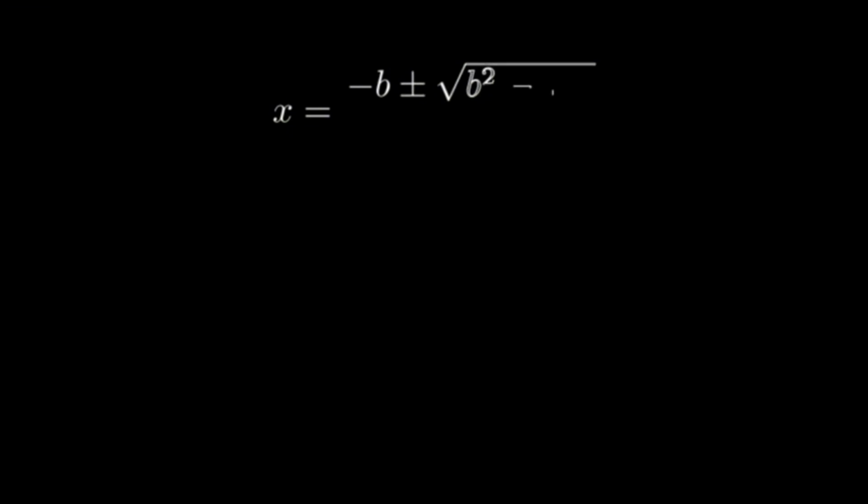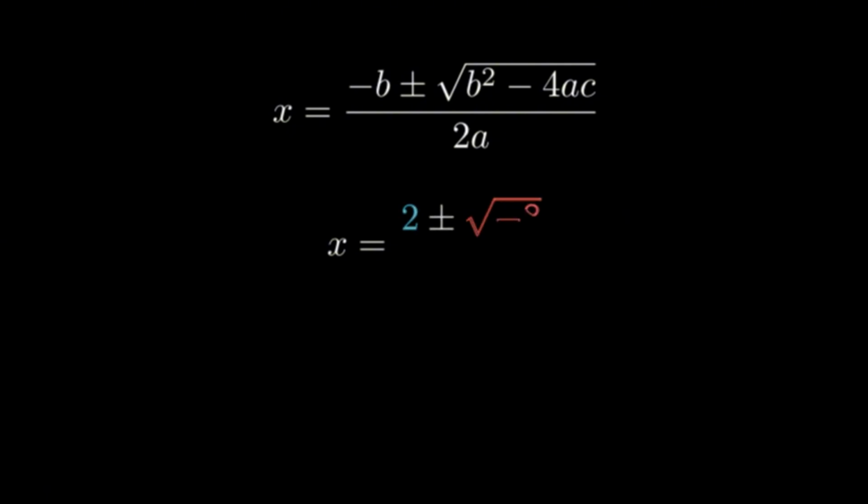It states that for any equation in the form ax squared plus bx plus c equals 0, the solutions are given by x equals negative b plus or minus the square root of b squared minus 4ac, all divided by 2a. For our specific quadratic equation, we've determined that a equals 3, b equals negative 2, and c equals 4.